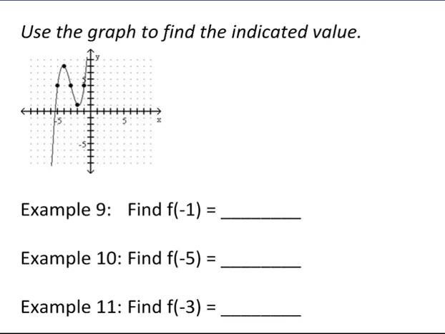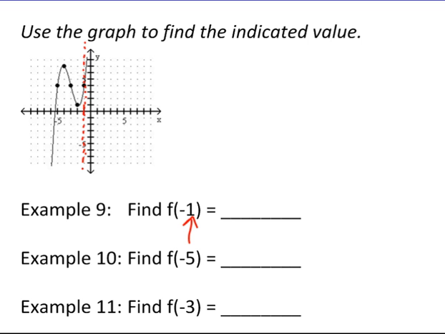All right, I'll do example 9. You guys are going to do example 10 and 11 on your own. So, remember, this is the x value, and the whole thing is the y value. So I'm going to look for an x value of negative 1. Where is the x negative 1? Well, here is where my x is equal to negative 1, right there.